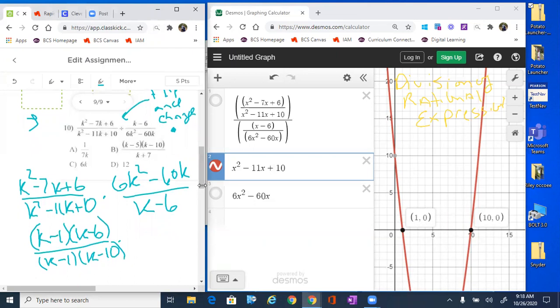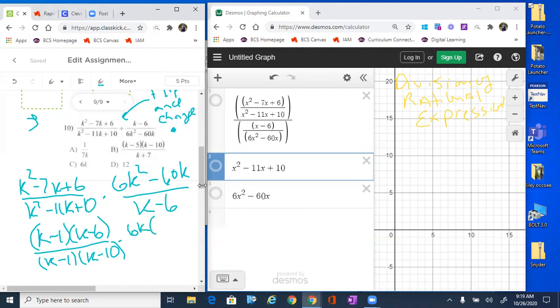Now, let's go to the next one. There is a greatest common factor in this one. If you see it, 6k squared and 60k, the greatest common factor in this case is going to be 6 and a k. So I'm going to take a 6 and a k out, and that's going to leave me with k minus 10.